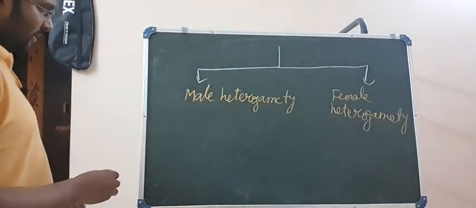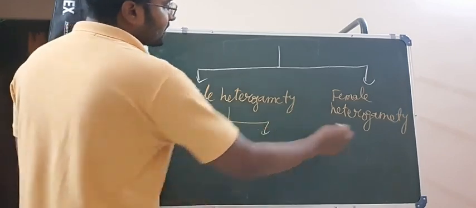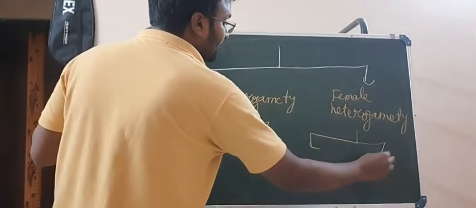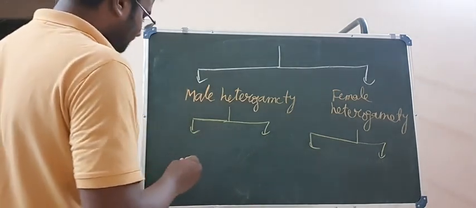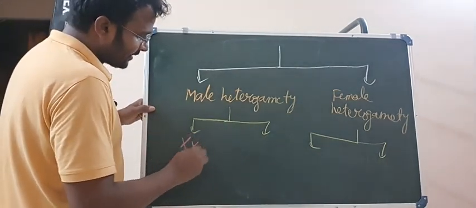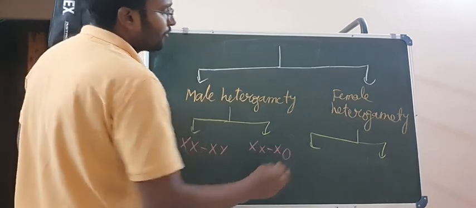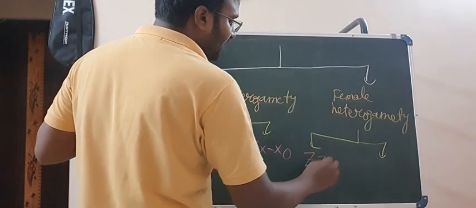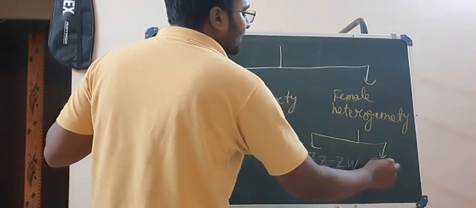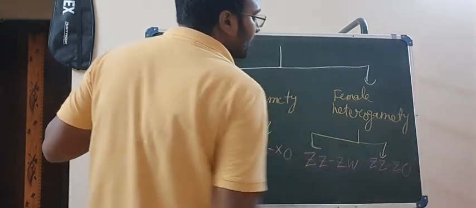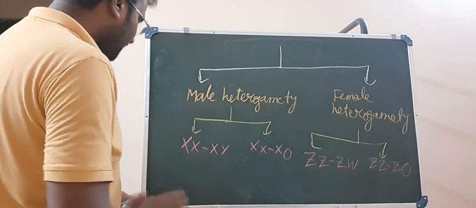So male heterogamety, if you take the two types: XX, XY, XX, XO. Female heterogamety, if you take ZZ, ZW, ZZ, ZO. So these are the four types of gender determinations we studied till now.